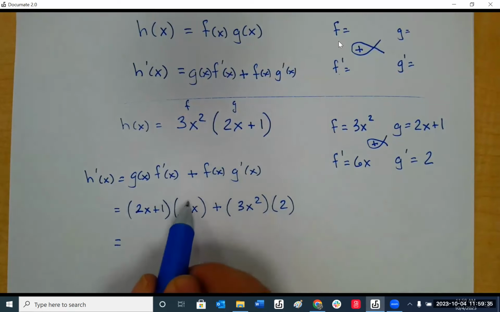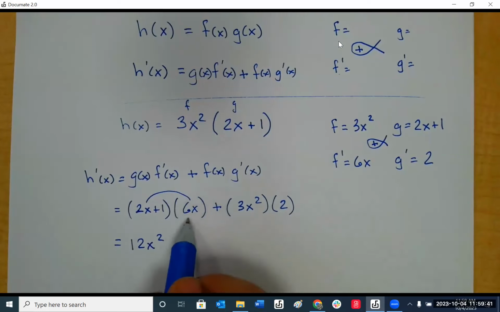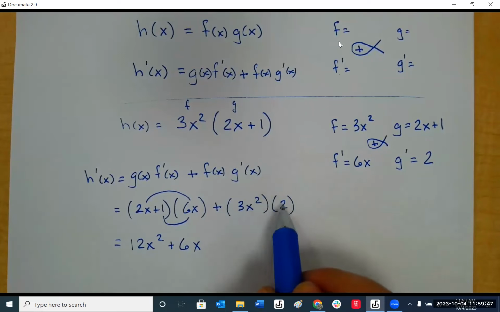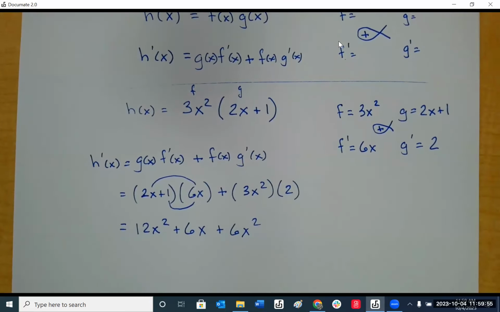Get rid of parentheses. So 6x times 2x is 12x squared. 6 times 1 is 6, plus 6x. 2 times 3 is 6x squared. So 18x squared plus 6x.